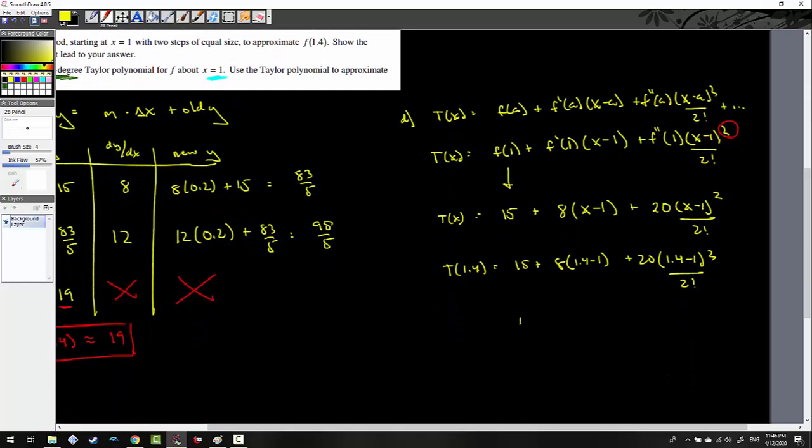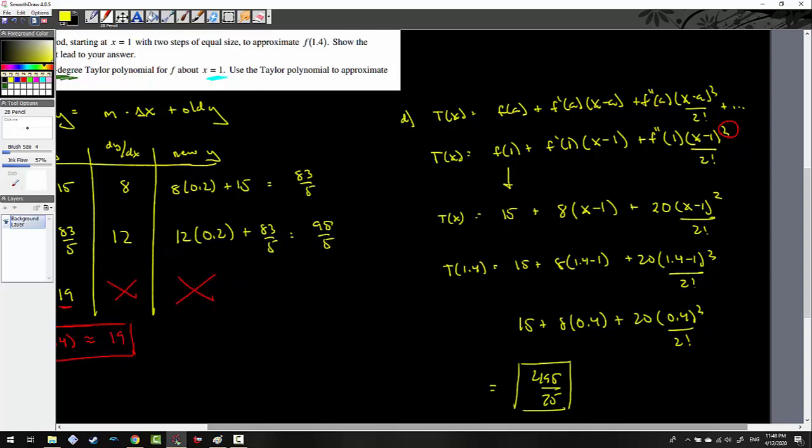So what you get is 15 plus 8 times 0.4 plus 20 times 0.4 squared over 2 factorial. And after a bunch of hocus pocus on the algebra, you will then get 495 over 25.